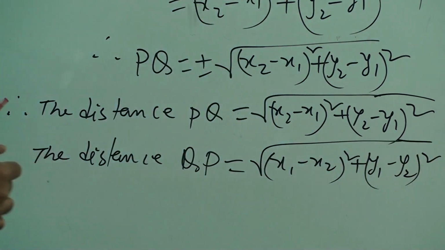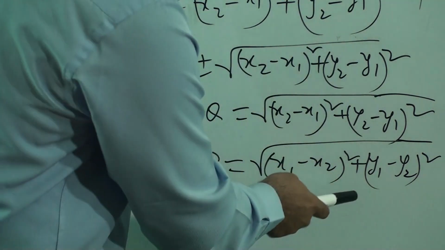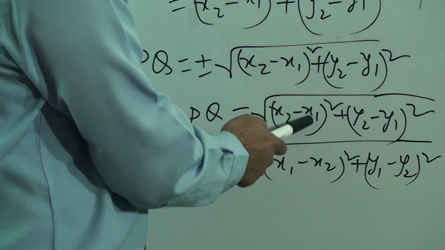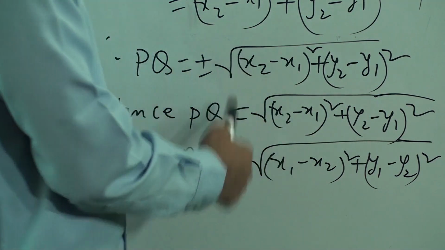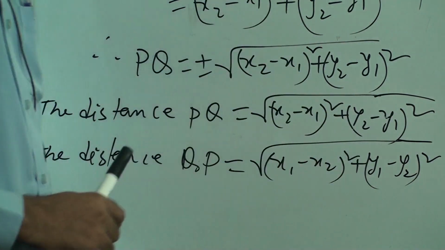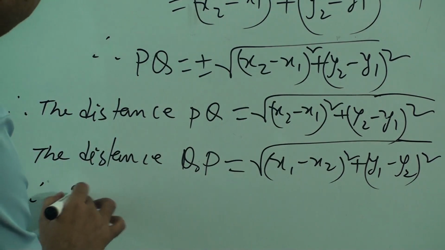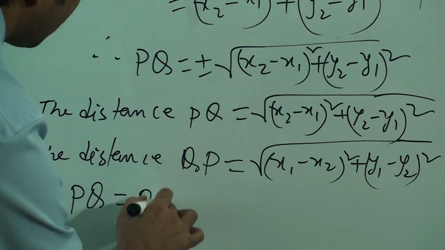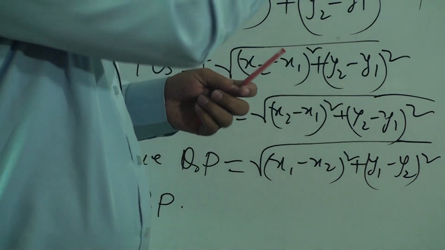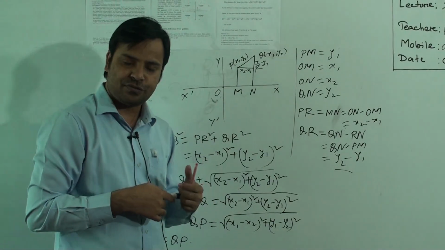As it is a whole square, x1 minus x2 and x2 minus x1 both will be the same, and y1 minus y2 and y2 minus y1 both will be the same. So from this we can say PQ equals QP. It means for any 2 points the distance will always be the same, and in case of distance, we will just get the absolute value.